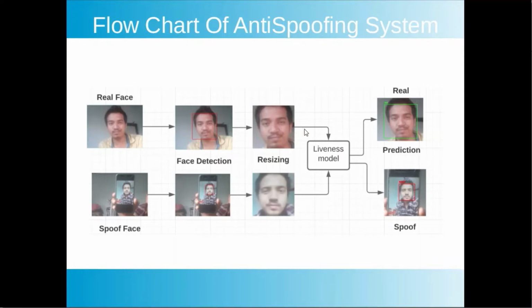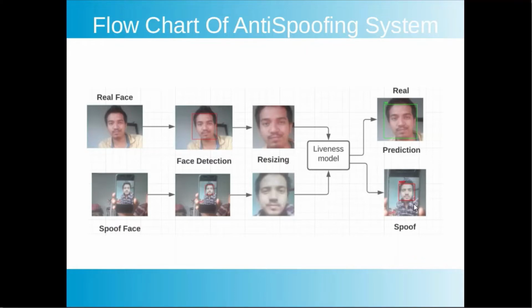Those resized faces are forwarded to the liveness model, or the face anti-spoofing model. The model is capable of figuring out whether a face comes from a real person or a fake person. If it comes from a real person, it labels it as real, and if it comes from a fake person, it labels it as spoof, right?